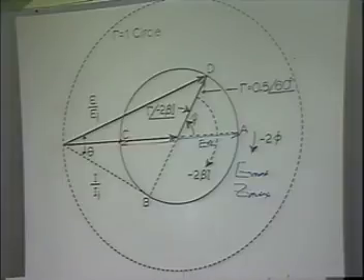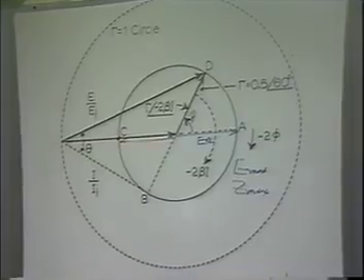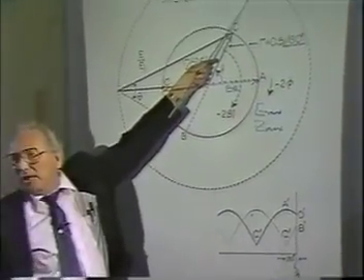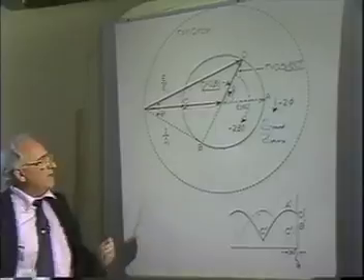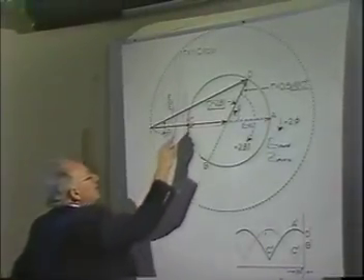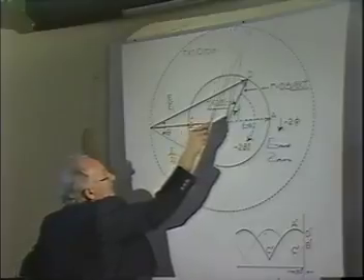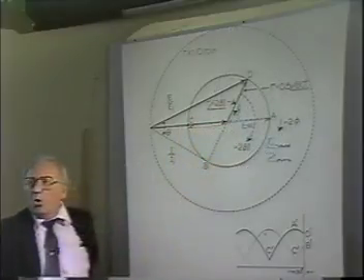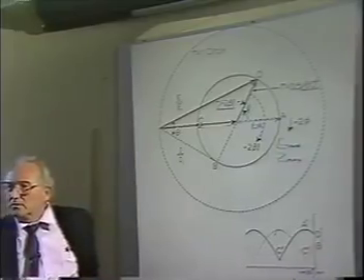Just a matter of keeping up with phase with respect to Z max rather than with respect to some arbitrary fractional wavelength point out here. Okay? If I go around this chart, then this is 0 fractional reflection coefficient, 0.125 up here, 0.25 out here. 1/4 wavelength on that chart.